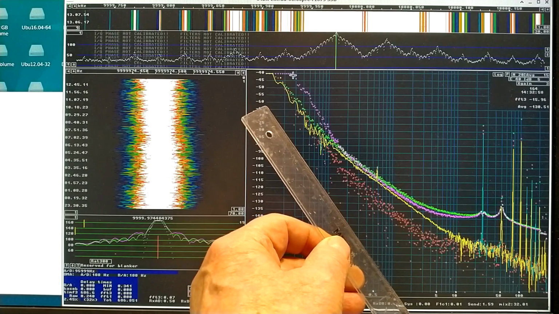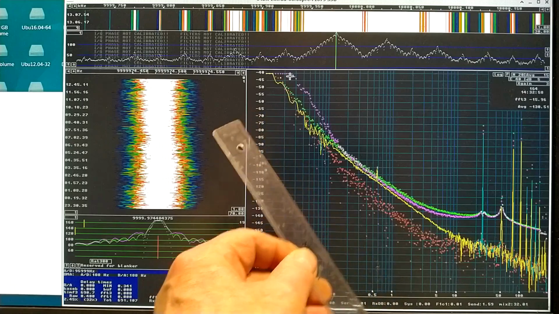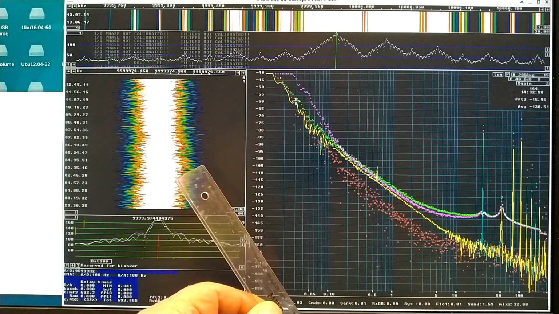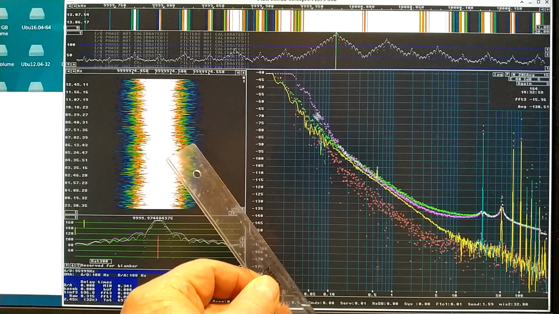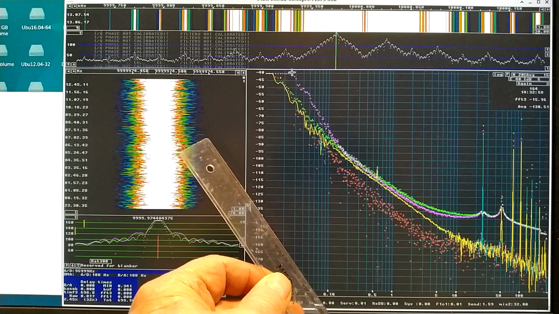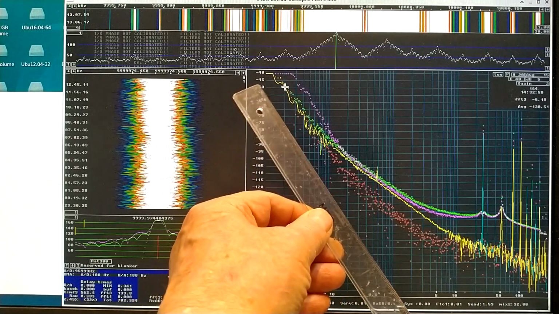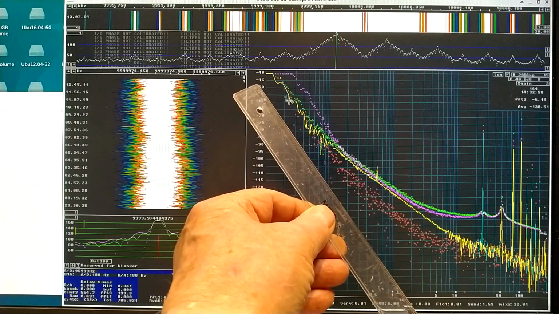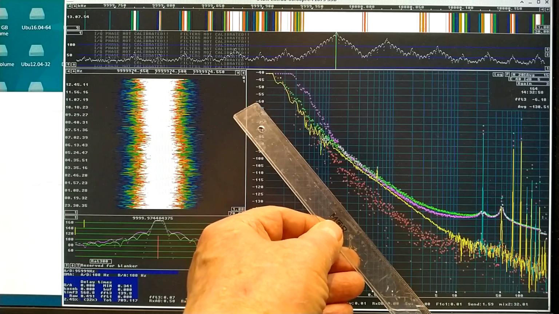And I can see here that channel 2 is much worse than channel 1, and that is below 0.1 Hertz here, and it runs steeper.